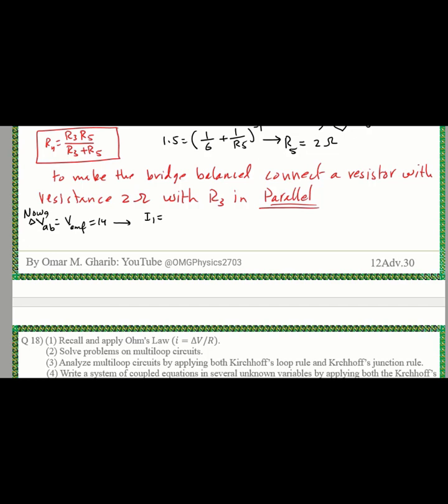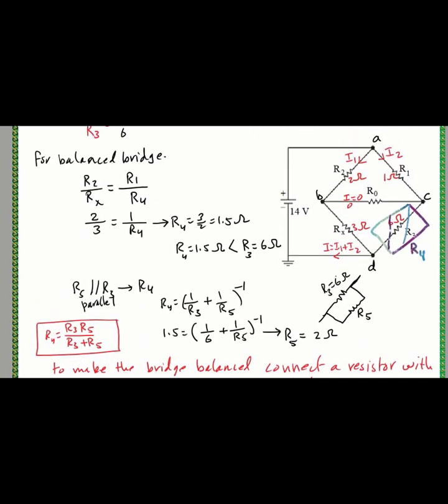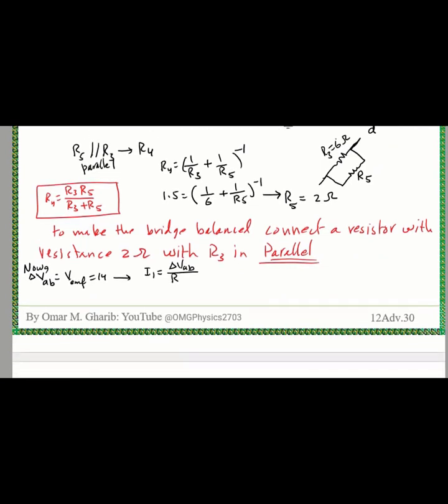Now for I1, we have delta V AB over the resistance between A and D through the point B, so the resistance from A to B to D. It is 14 divided by R2 plus Rx, 14 over 2 plus 3, 14 over 5, it is 2.8.